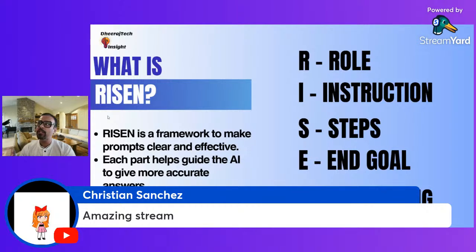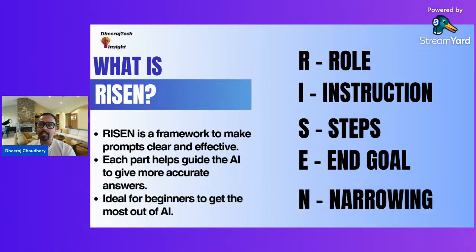As part of this, first we define the role, where we tell the AI to assume that you are a teacher, for example. So it will assume that it's a teacher. Then we tell it that as a teacher, you have to explain to a 10-year-old kid the photosynthesis process, machine learning, or prompt engineering.